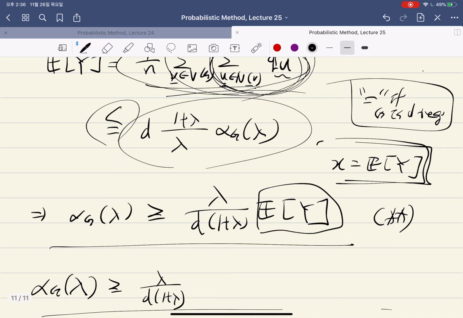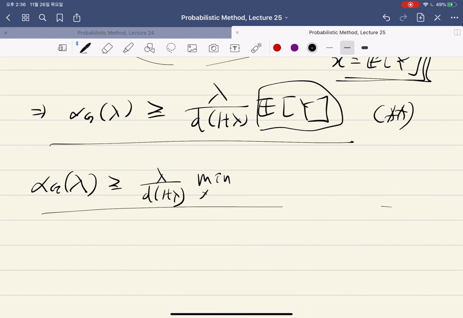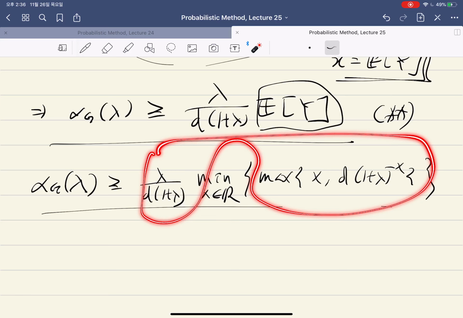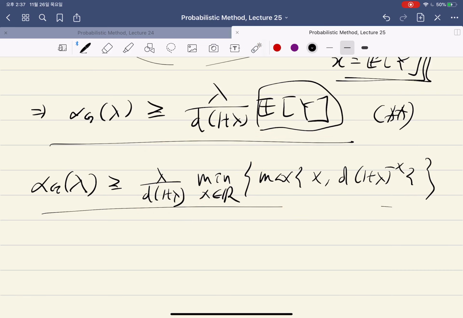So we choose the worst x so that the maximum of these two is the lowest. Then this is definitely a lower bound. So this is lower bounded by this for some x. But that x could be the worst case. Then you put this. So now we have to optimize this.